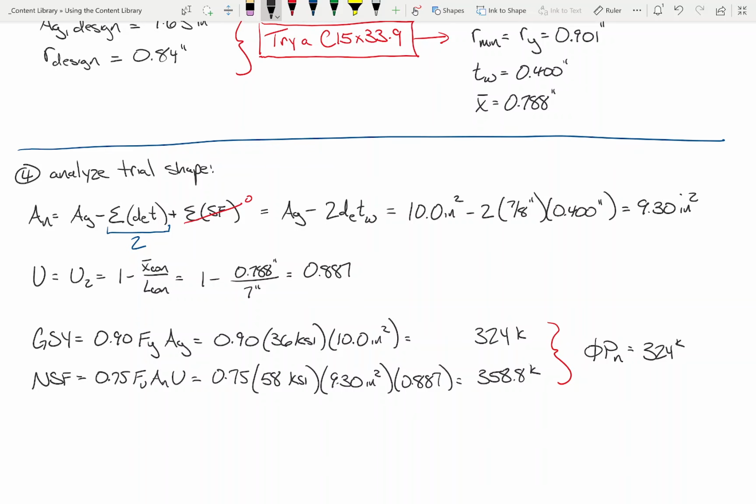Is it going to work or is it not going to work? It'll work. Why? Because it's bigger than what? Bigger than the load, right? So that means it's going to work.